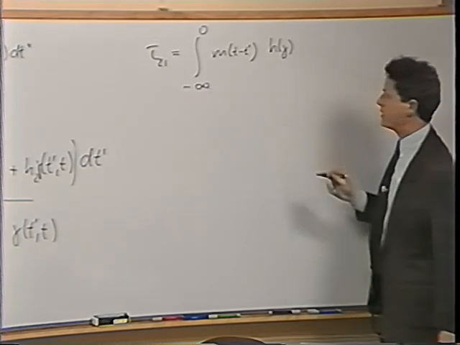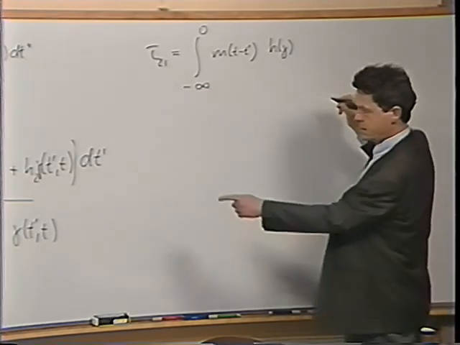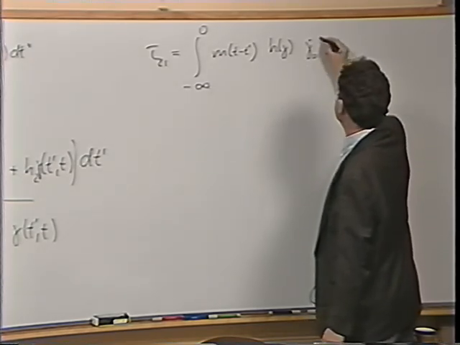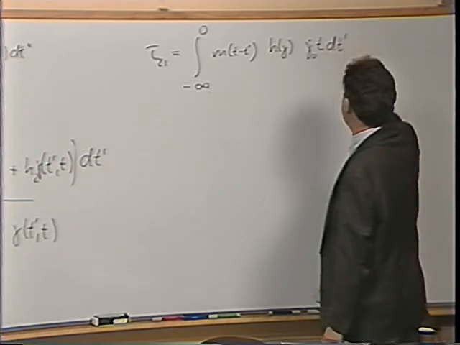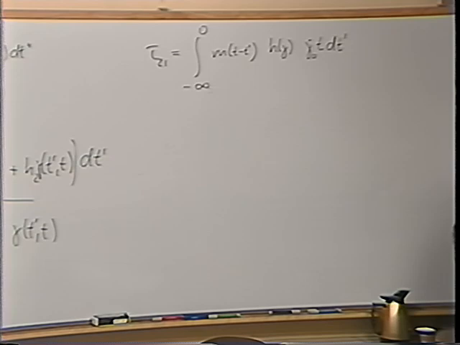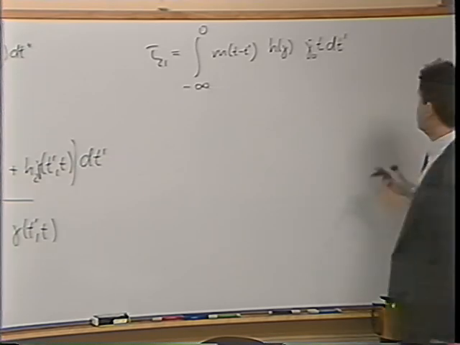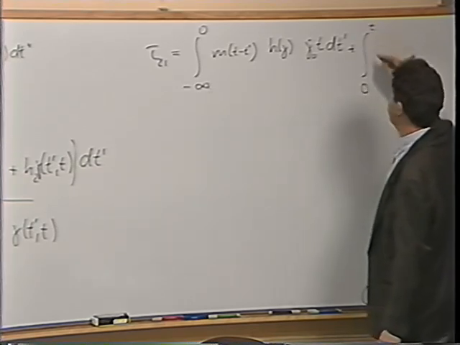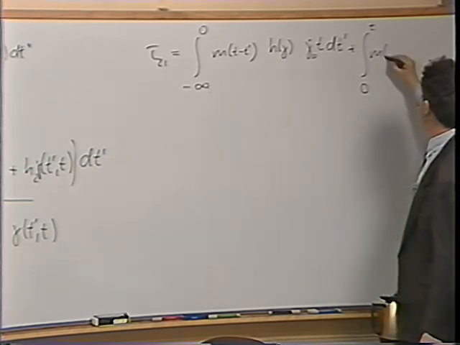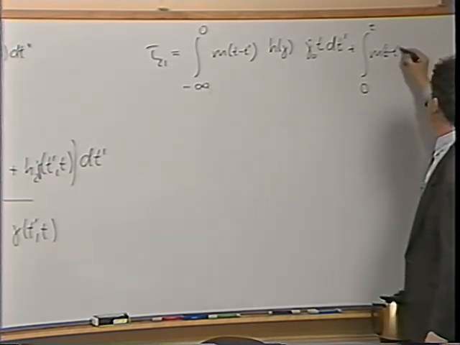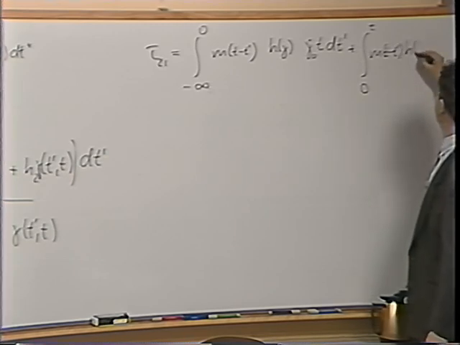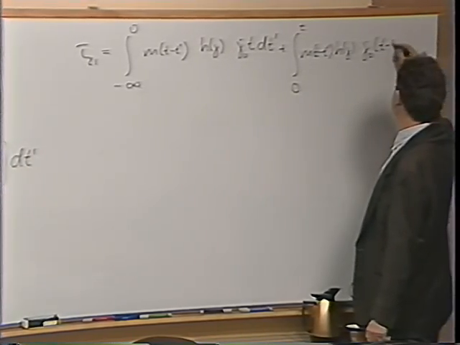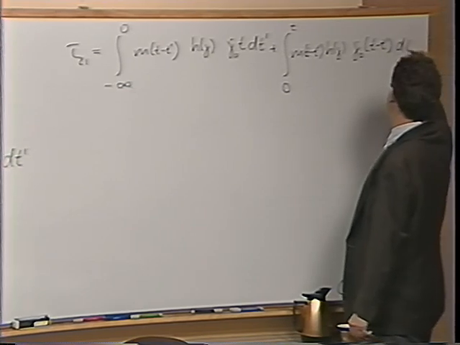Let's leave that for the time being in here, times the total strain, which is gamma dot 0 times t, dt prime. This is the first integral for the contribution of the rest period, plus the contribution of the flow period, which is an integral from 0 to time t of the memory function t minus t prime, h of gamma, gamma dot 0 times t minus t prime, dt prime.